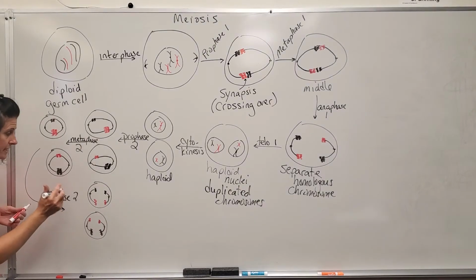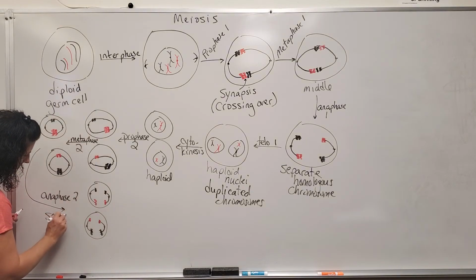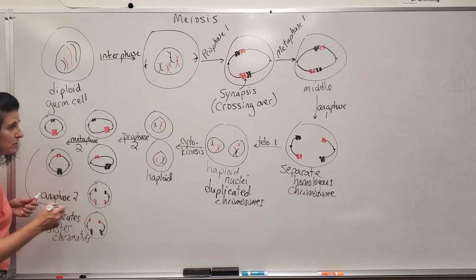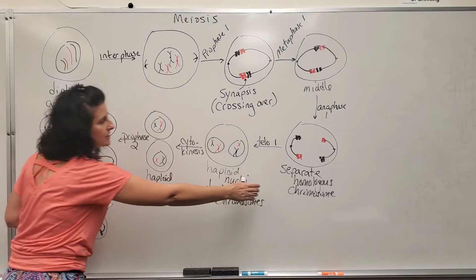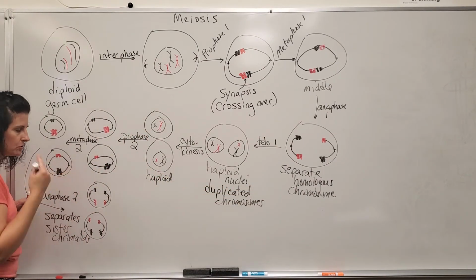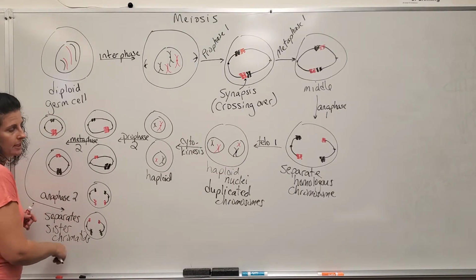So now we have separated sister chromatids. So meiosis 1 separates homologous chromosomes. Meiosis 2, the next round of division, separates our sister chromatids, much like mitosis.